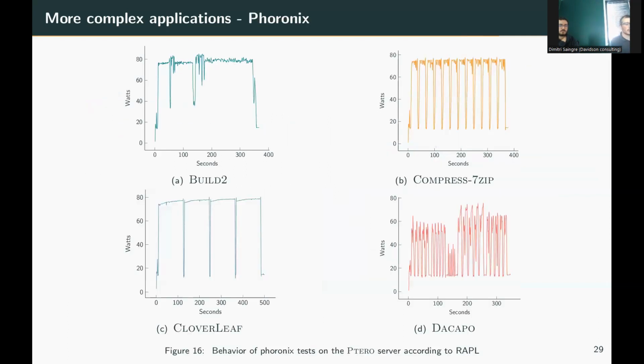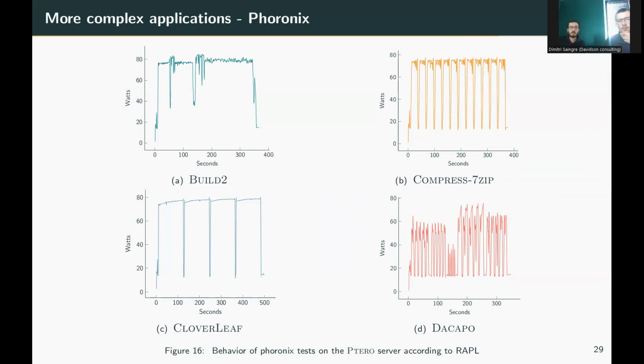So here we have the actual behaviors of the applications when they are running isolated on the Tero machine. Those results were retrieved with the RAPL Intel system.